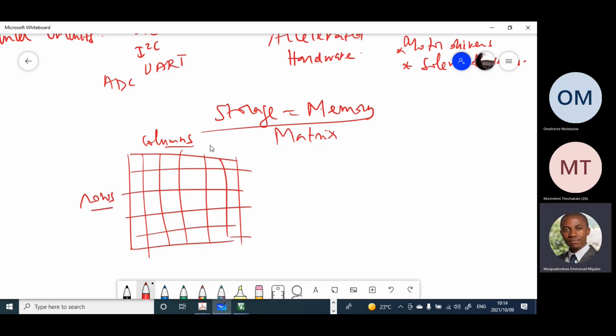Now, when it comes to rows, they represent what we call addresses.